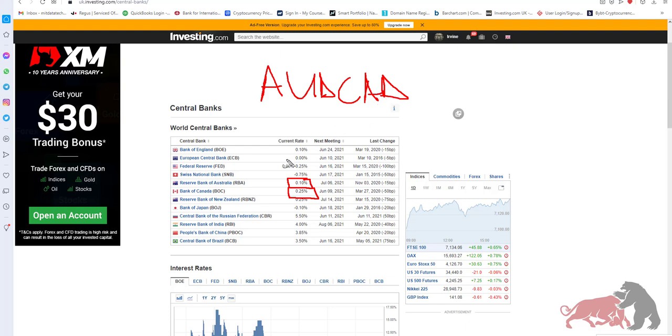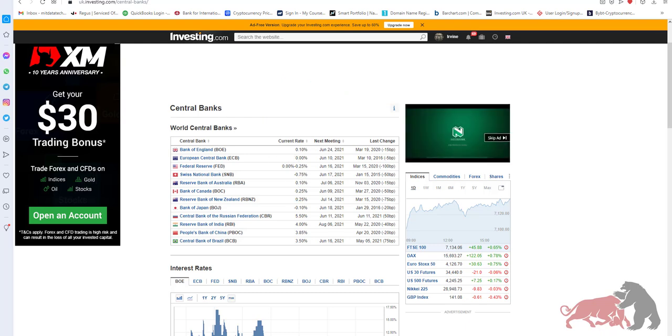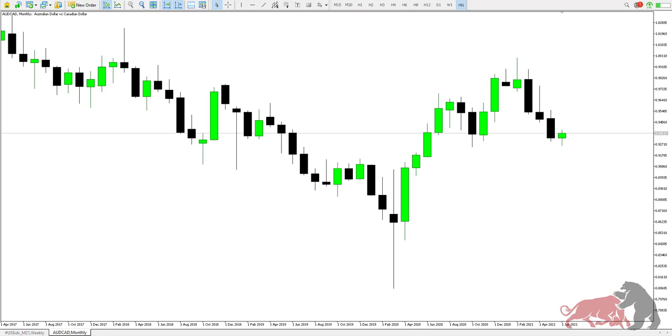You see, we are looking to sell a country's currency that has low central bank interest rates against a country that has higher central bank interest rates, in this case AUDCAD.